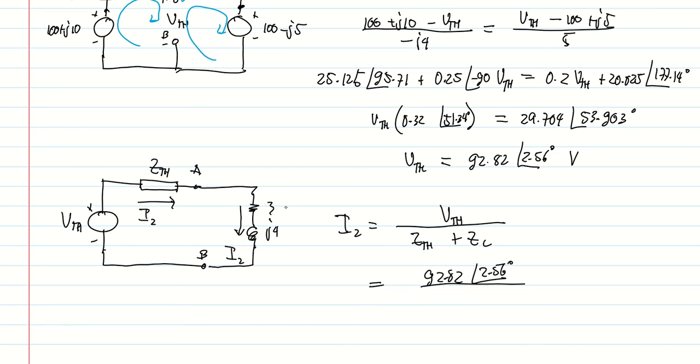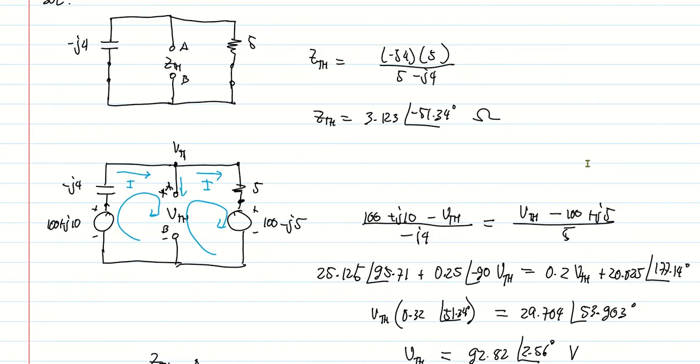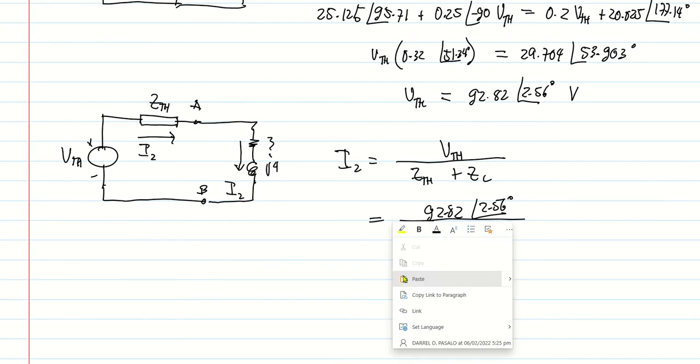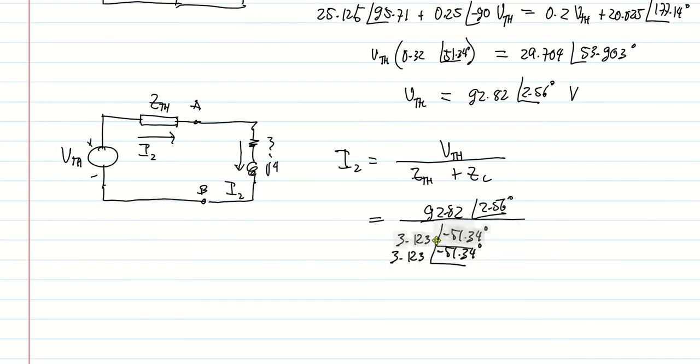We divide this with our ZTH. Our ZTH here is 3.123 angle negative 51.34. Then we add our load. Our load is 3 plus j4, ZL. Then compute for I2.